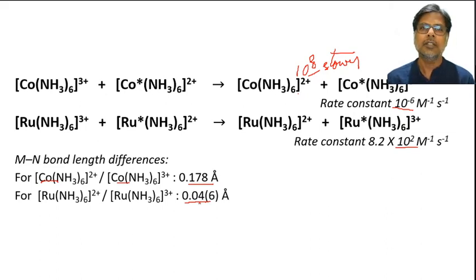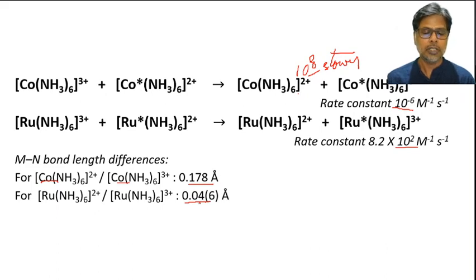So the activation energy will be higher where the bond length difference is high, and where it is low, the activation energy is less. When the activation energy is high, the rate constant is going to be very, very low.